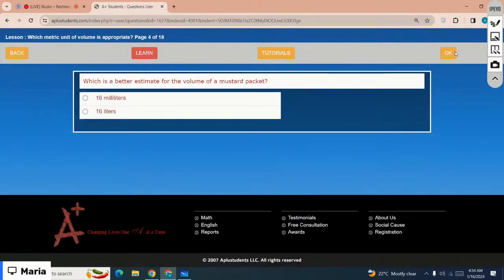Which is a better estimate for the volume of a mustard packet? Which is the correct option? 16 milliliters or 16 liters?